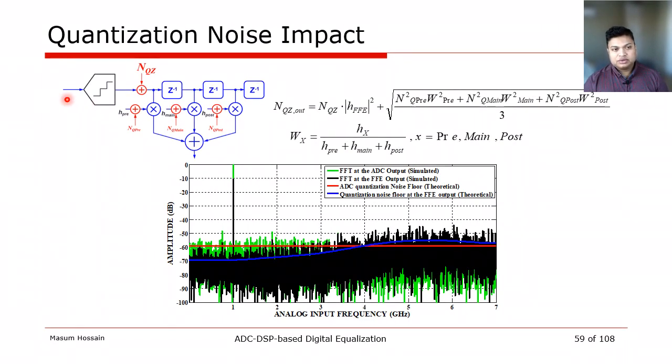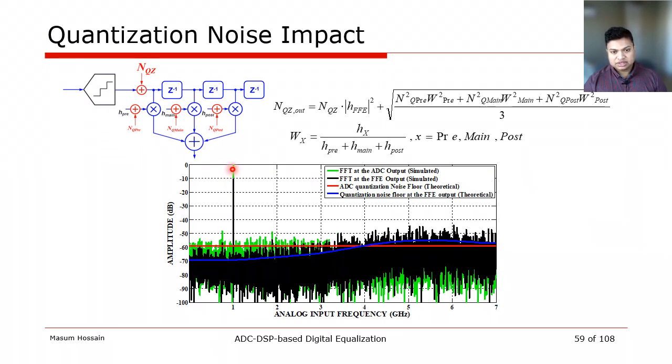Thinking of a sinusoid as my input signal, let's look at the SNDR at the ADC output. So we'll have the sinusoid at this frequency in its peak, and we'll also have the noise floor defined by this red line from the FFT of the signal. Once it goes through this FFE process, it's going to shape the spectrum.